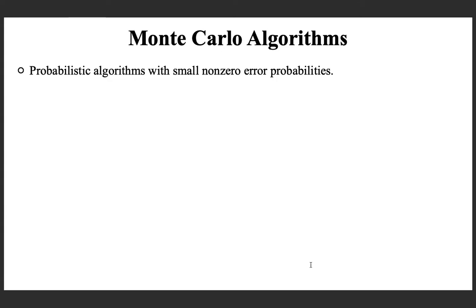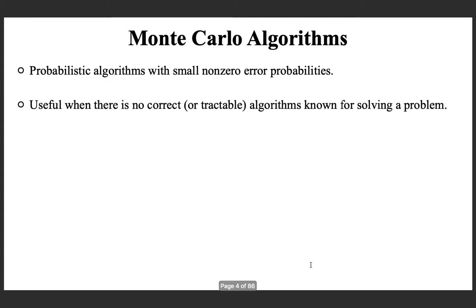They allow incorrect results, but with very small probabilities, and they are useful when there is no correct or tractable algorithm for solving a given problem. If there is no algorithm or no efficient algorithm, then it is useful to have an efficient Monte Carlo algorithm which is allowed to give a wrong result but with very low probability.